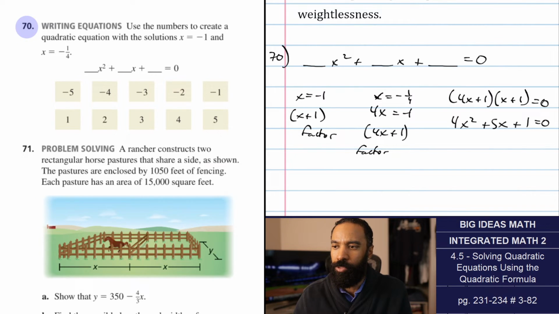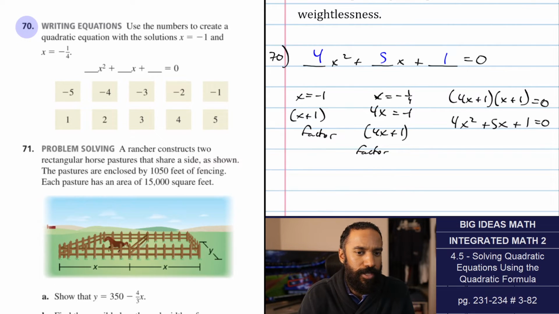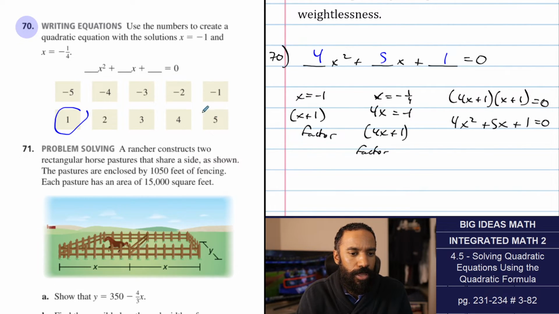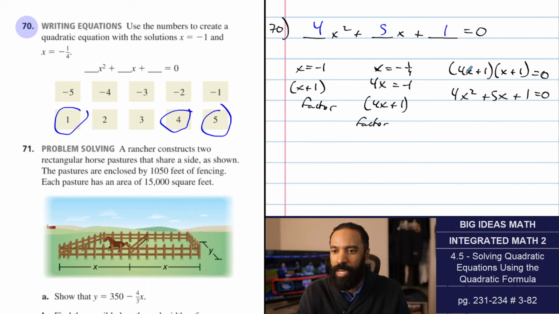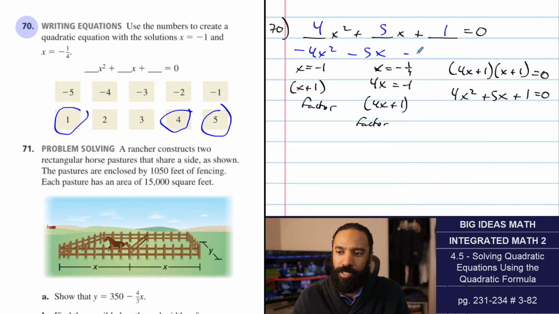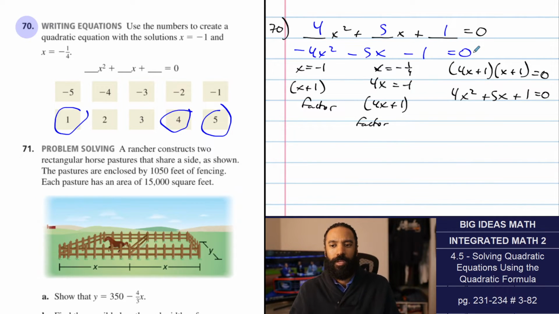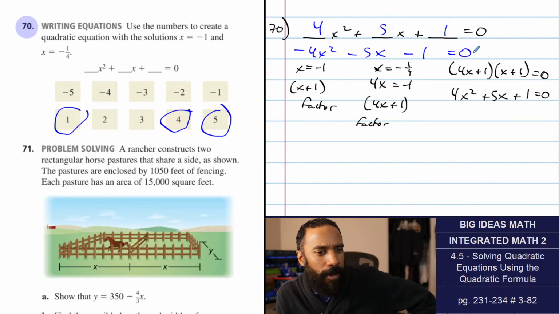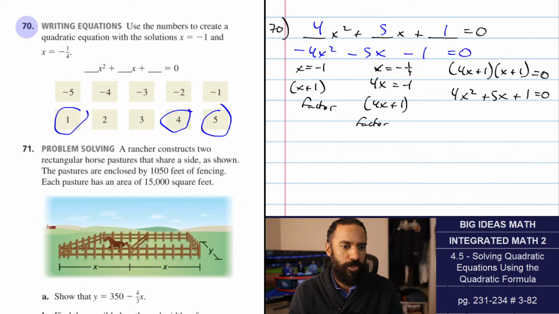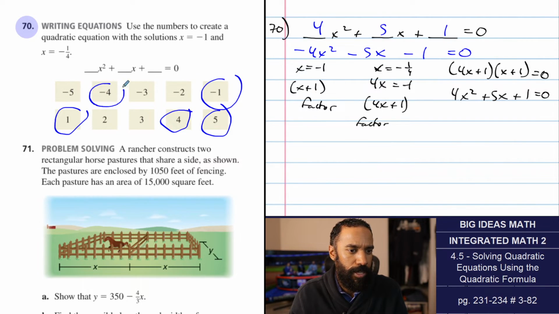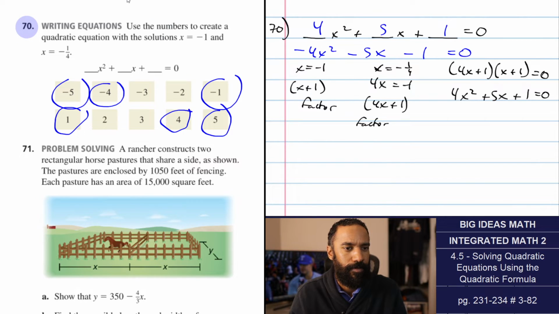So I could use 4x squared plus 5x plus 1. Are those options? Yes, we could use those. We could also make everything negative. We could say -4x squared minus 5x minus 1 equals 0. And that should also work out. I don't see any other versions with those numbers that we're going to use, but those could also be used in some way.